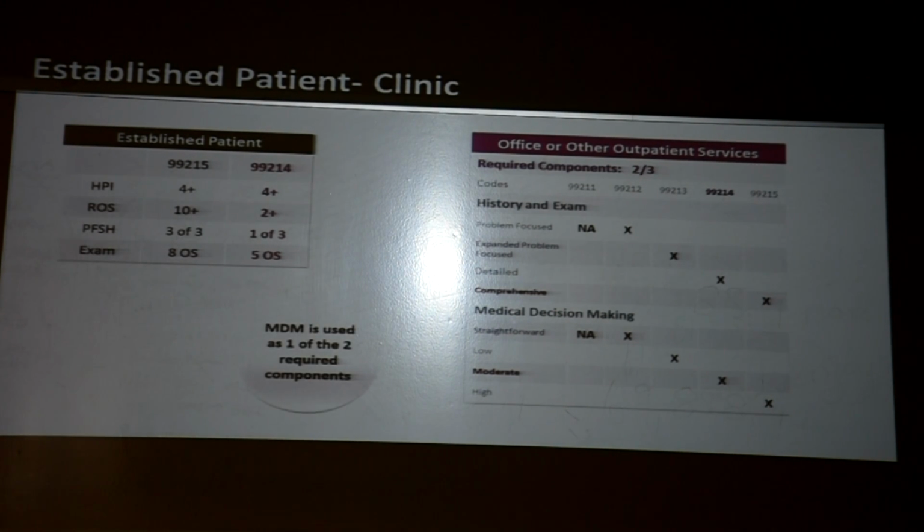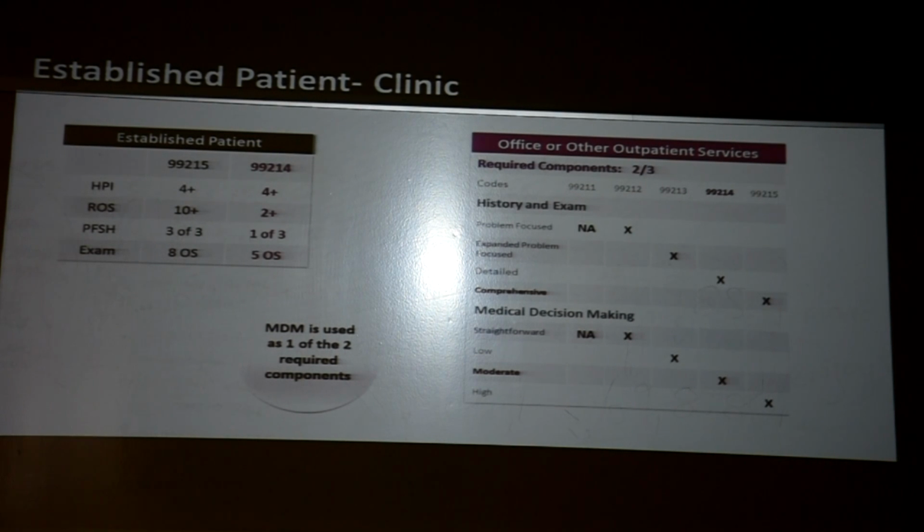Obviously, MDM is used as the driving factor. In established patients, only 2 of the 3 are needed. This means if you didn't take a history, but you had a physical exam, and obviously you have medical decision making, we can code that chart. Let's say your medical decision making was very low. You didn't have differentials in there.